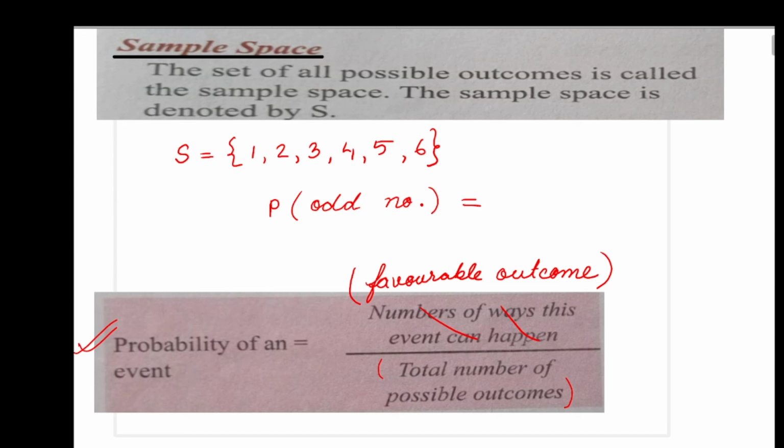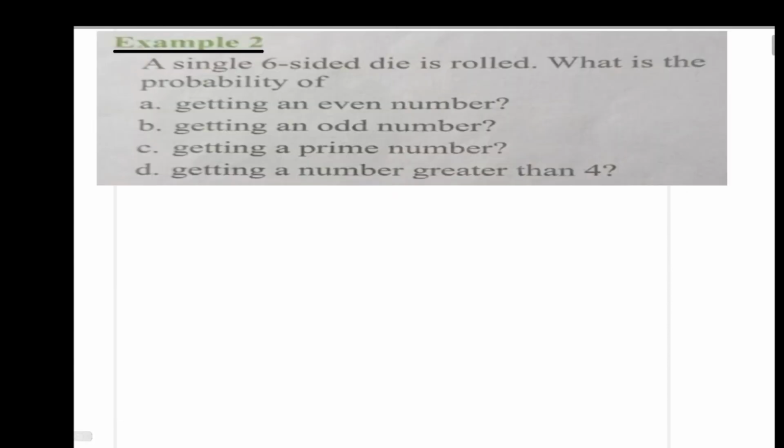That is called a favorable outcome. So we need an odd number. How many odd numbers are here? 3. Divided by the total number of possible outcomes. How many outcomes are there in total? 6. So 3 ones are 3, 3 twos are 6. Half. Probability of getting an odd number is half.